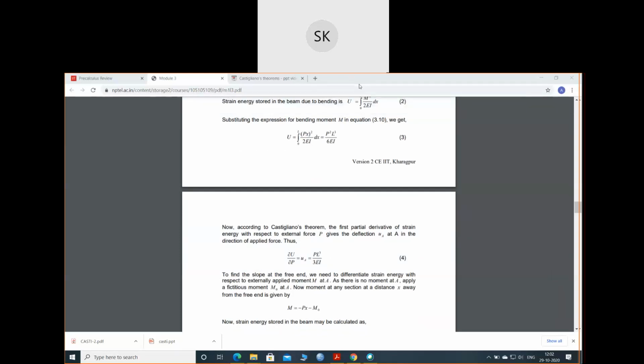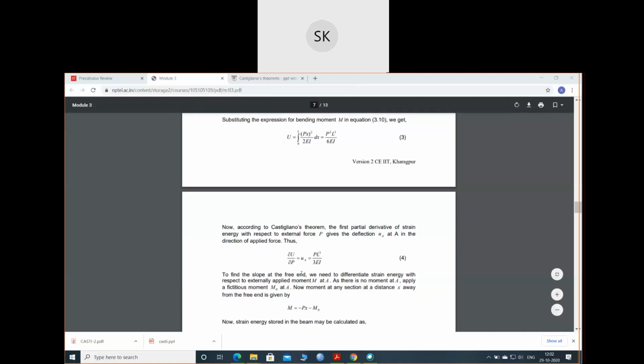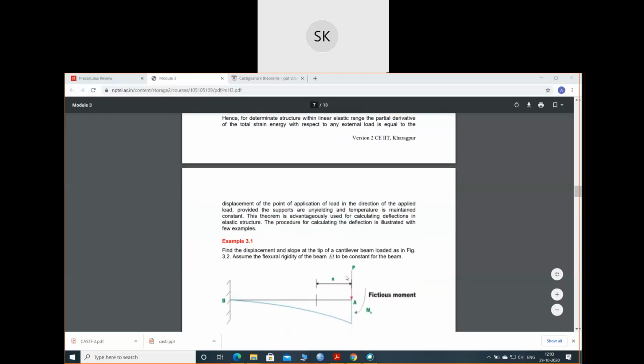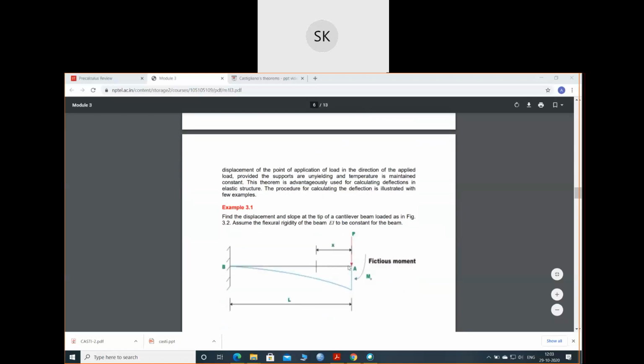Now, to find the slope at the free end, we need to differentiate strain energy with respect to the externally applied moment M at A. As there is no moment at A, apply a fictitious moment M naught at A. So see, at A there is no moment. Okay, the moment will be at the fixed end.